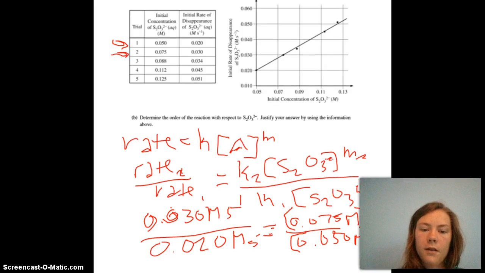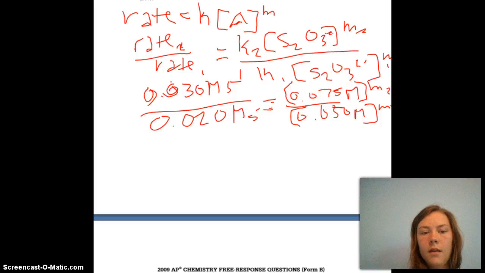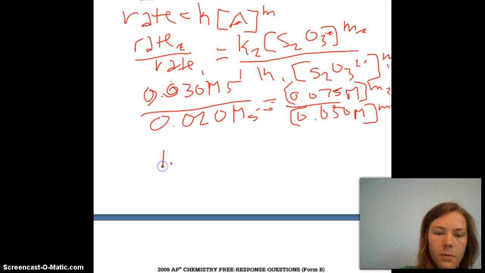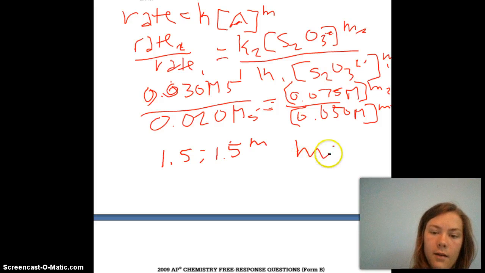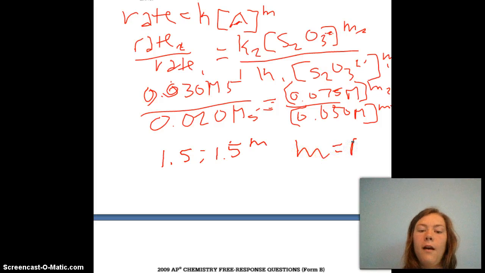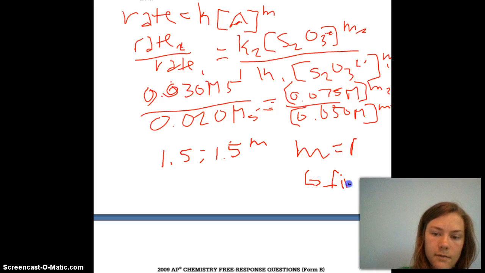So after we solve this, we get down to 1.5 equals 1.5 to the m power. So looking at this, we know that the m would have to equal 1, because 1.5 raised to the first power is just 1.5. So now we know that this is a first order reaction.